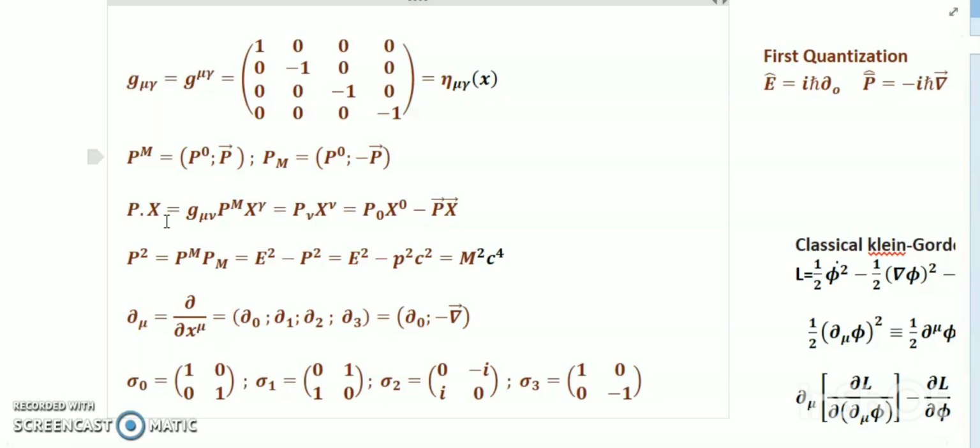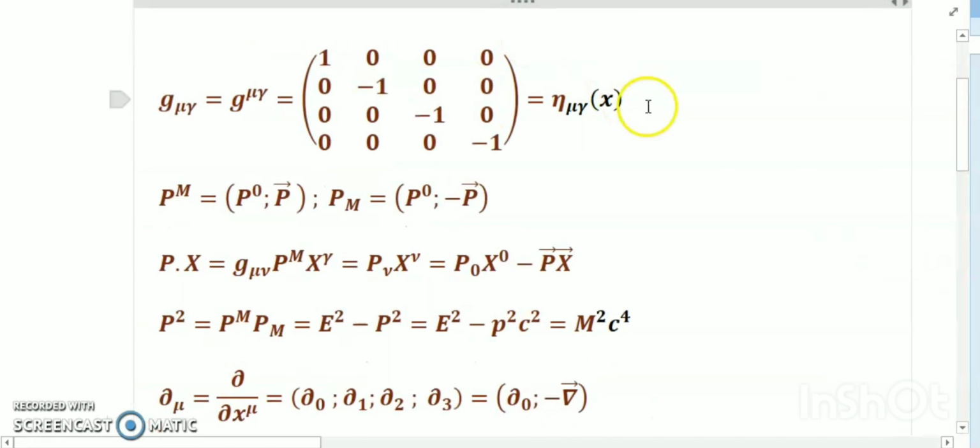Now let us discuss this function. We need to know a diagram.